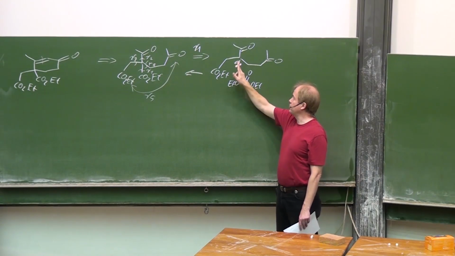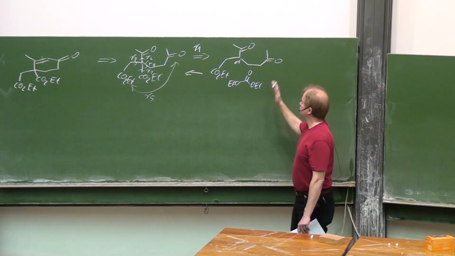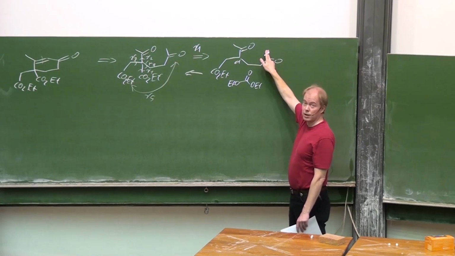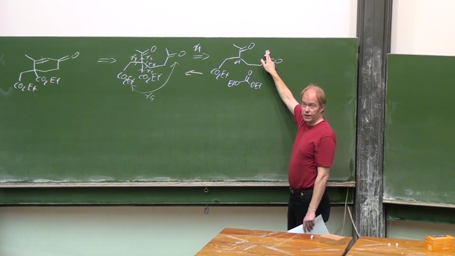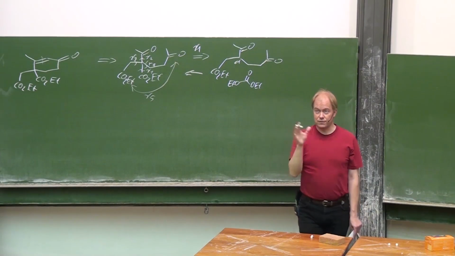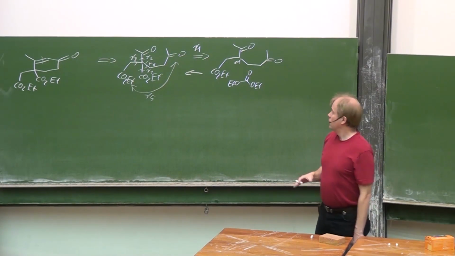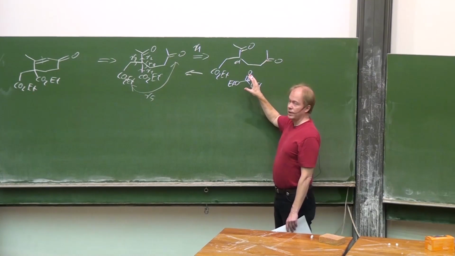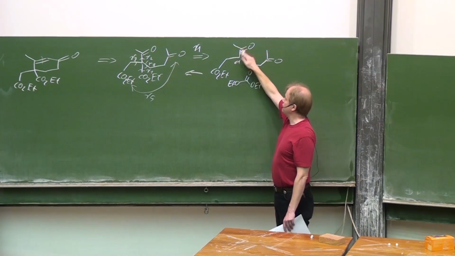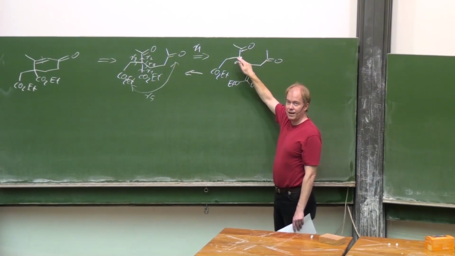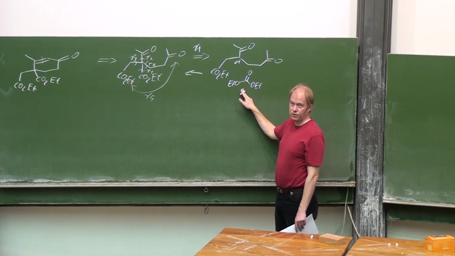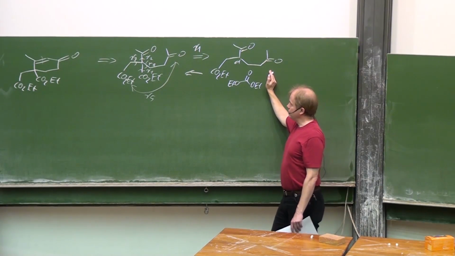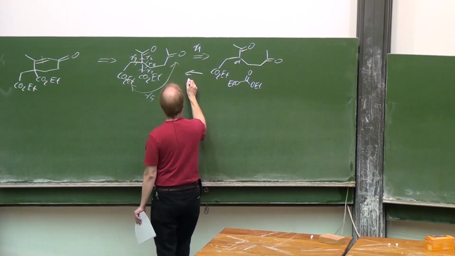So it could happen that in equilibrium it's deprotonated here, it's deprotonated there, sometimes also deprotonated there. Then it's protonated again. Most of the enolate species are those that have the enolate here, but they are less reactive with the electrophile than the others. Okay? So that means we would get a selectivity problem.